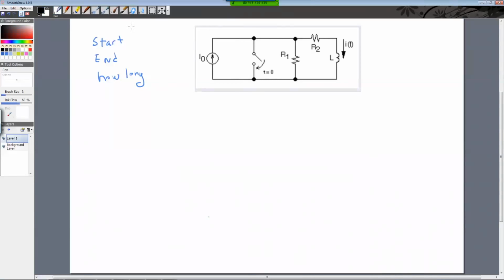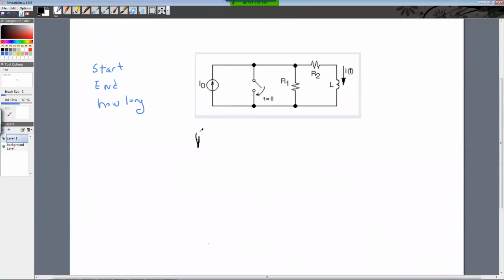So you can do things in a full-blown circuit manner, or you can do them intuitively. And in fact, I suggest you figure out intuitively how it should behave, and then maybe do it more formally, or do it formally, and then check your intuition. But here we have IT. That's basically what we want to find over time.